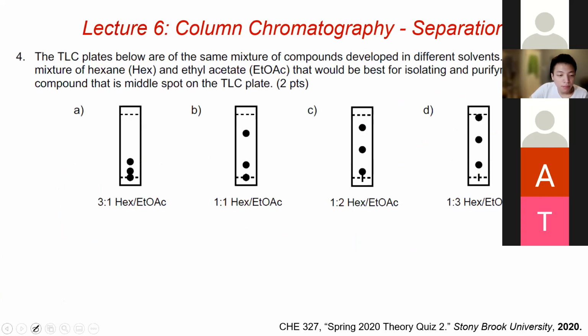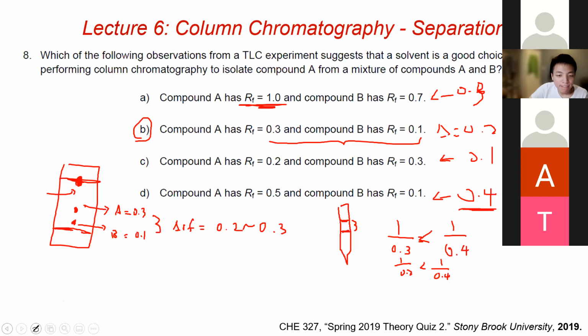How do you distinguish between A and B in this question? Yeah, and 0.1 is less than 0.2, so that's not acceptable. I mean, between 0.3 and 0.2. You mean C? The difference here is A versus B. A is 0.3 and B is 0.2. Okay, yeah, right. So A, the RF is 1, and that one is all the way on the top. This means that you can have multiple spots on it instead of just one.